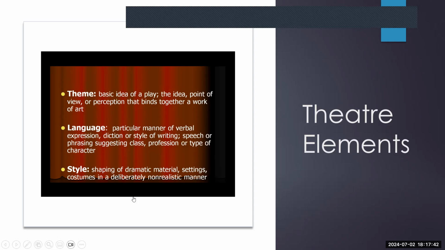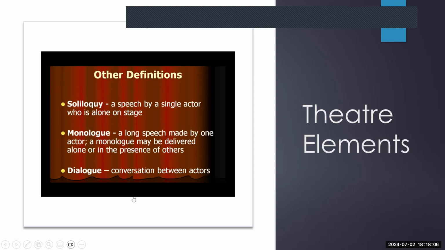Theme refers to the basic idea of a play, the idea, the point of view, or perception that binds together a work of art. Language refers to the particular manner of verbal expression, the diction or style of writing, speech or phrasing, suggesting class, profession, or type of character. Style refers to the shaping of dramatic material, settings, costumes in a deliberately non-realistic manner.